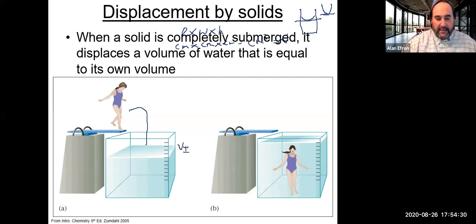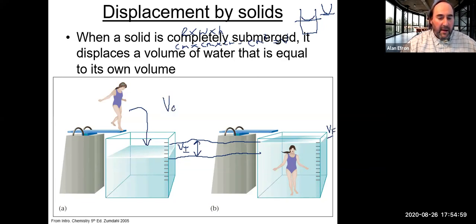After she goes in, she displaces the water and it rises. I saw the hands go up, so yes, it will rise, and we will have a final volume. The difference between where it started and where it ended is the volume of her in this case, or the object.